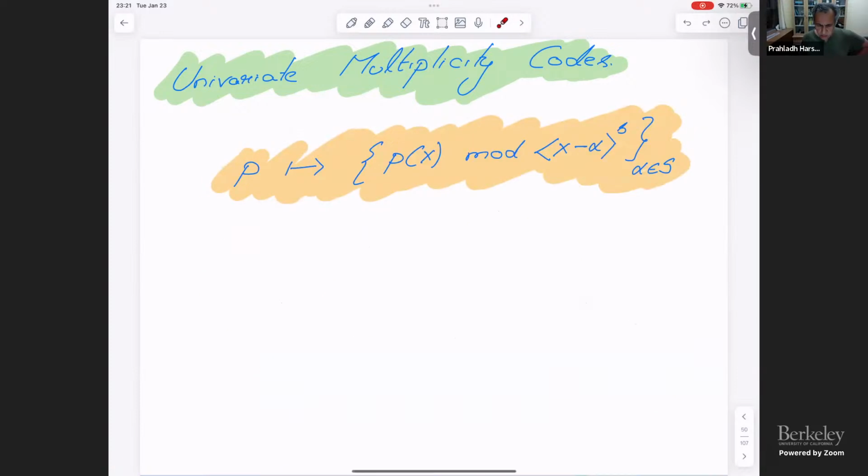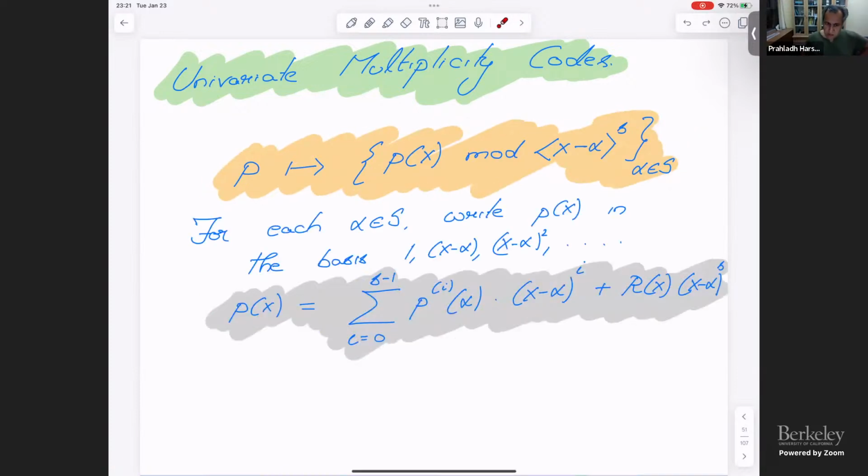Let's take a closer look at what this operation actually does. So let's see what is P of x mod (x minus alpha) to the power s. Let's fix a particular alpha in S. It will be convenient to think of alpha to be 0, but this works for all alpha. We'll write P of x in the basis 1, (x minus alpha), (x minus alpha) squared, and so on.